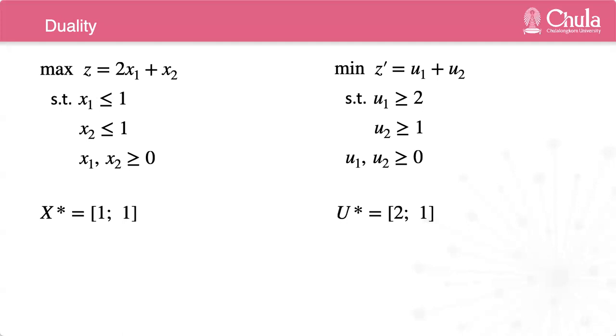We take the dual of this problem. Of course, the coefficients become 1, 1, right? And the coefficients of the primal problem, 2, 1, become the right hand side, 2, 1. We take the same solution, so this problem also has an optimal solution.